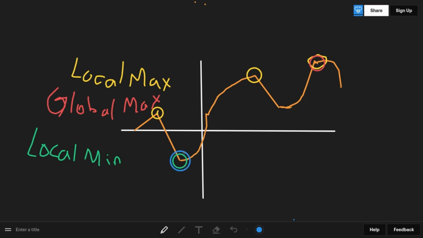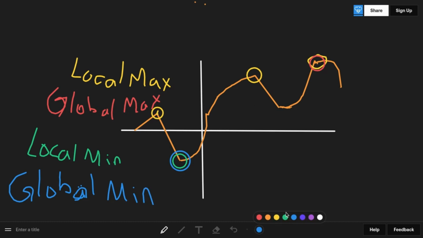So this is also the global minimum. However, there are other local minimums, such as this point right here.